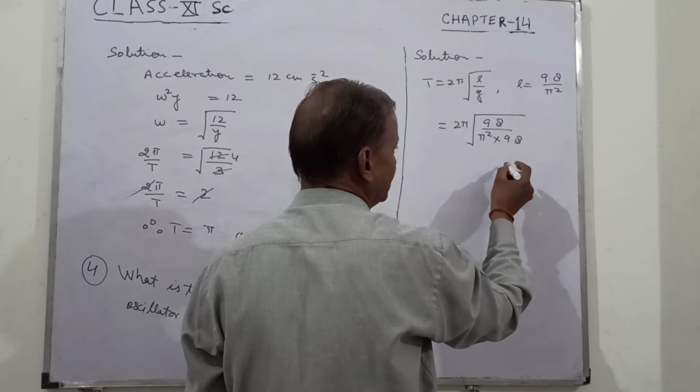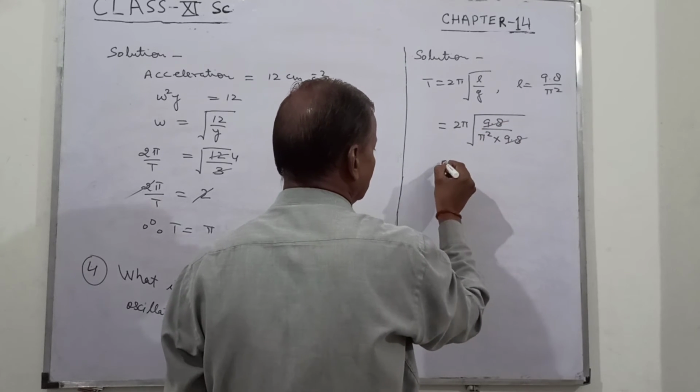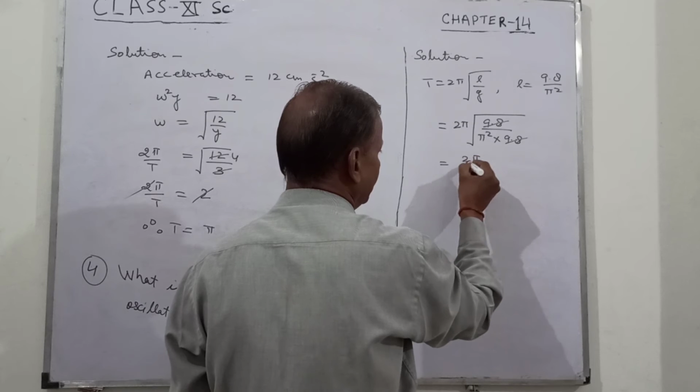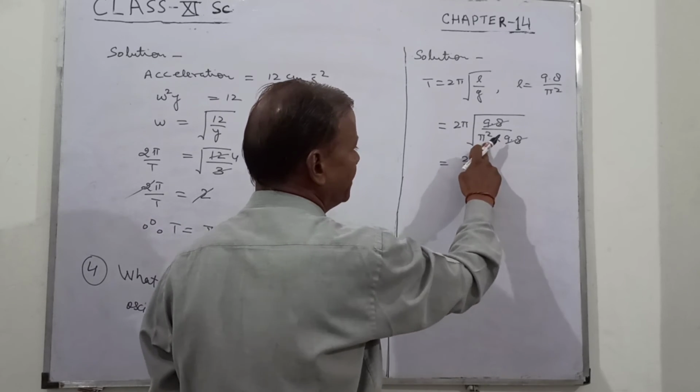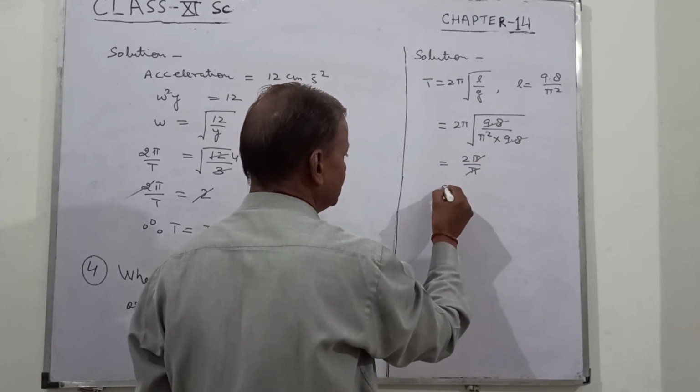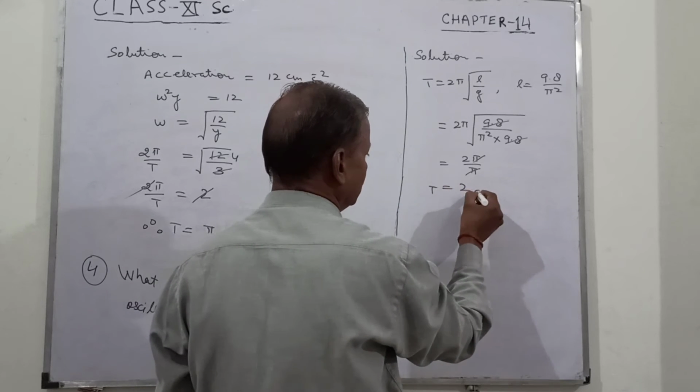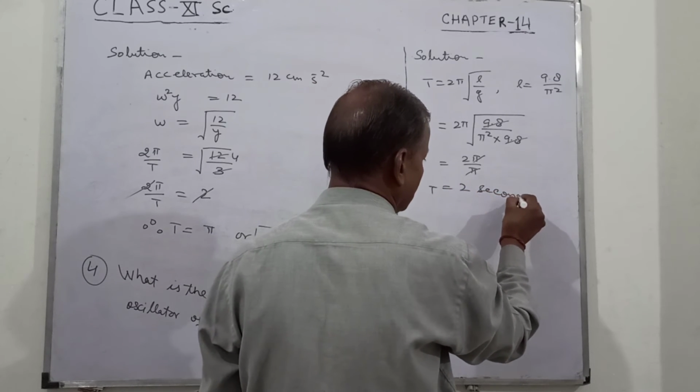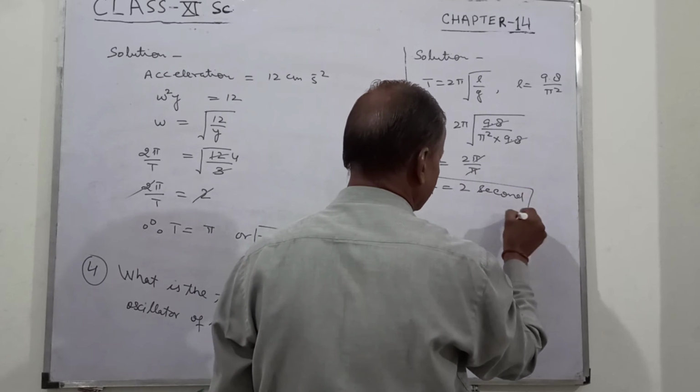You also take this 9.8, this will cancel. So this is your 2 pi upon pi, which is now pi square. So this term will cancel. So this is now your 2. T equal to 2 seconds. This is the answer.